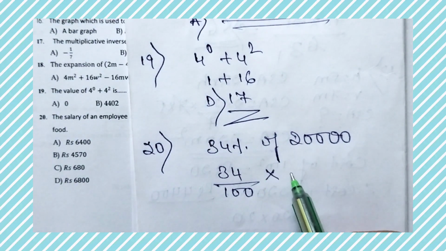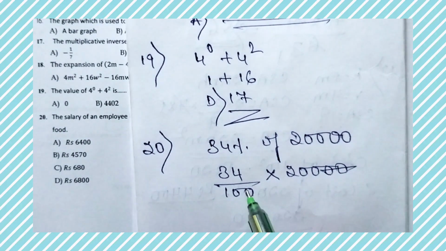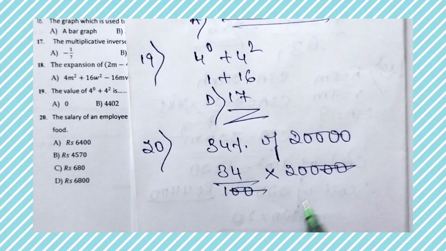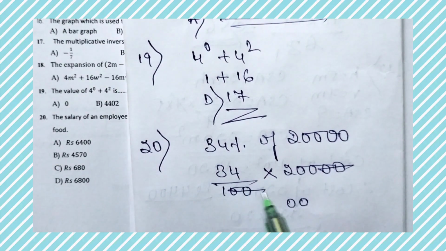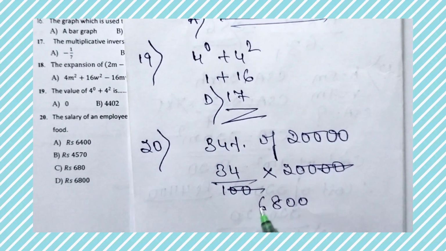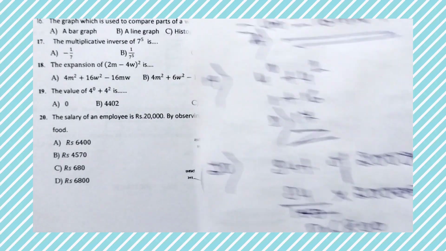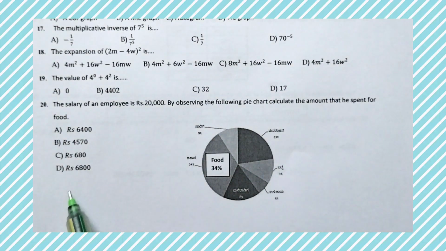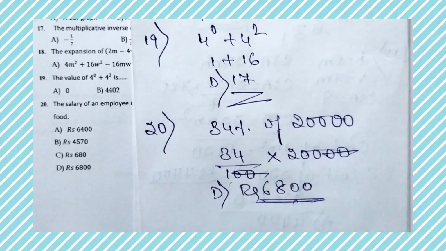Of is replaced by into, written into 20,000. So 2020 get cancelled. What is remaining? 2 zeros are there, write down. Multiply by 2. 2 4s are 8. Then 2 3s are 6. So the expenditure for food is 6,800 rupees. So for this one, option D, 6,800. So for the 20th question, the right answer is option D.